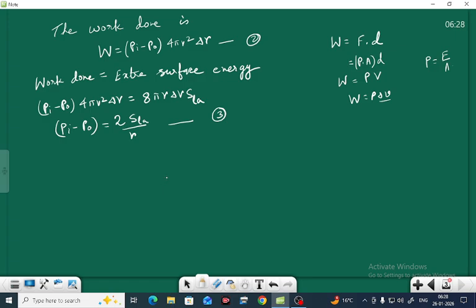In case of liquid gas interface, this is liquid air or liquid gas you can say, the convex side has a higher pressure than the concave side.